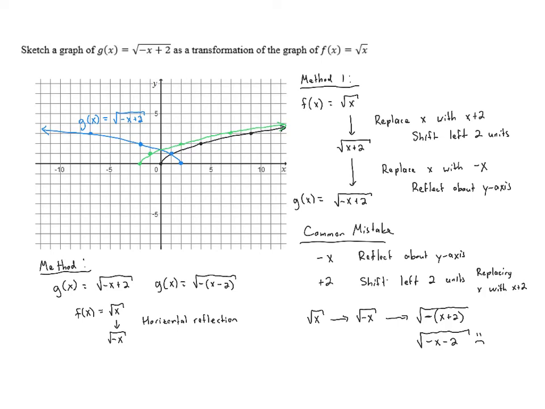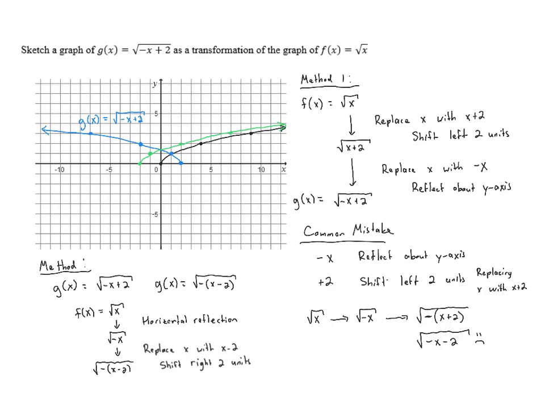And then after we do that, to get from the opposite of x to the opposite of x minus 2, as we have here in this factored version, now we can replace x with x minus 2, not x plus 2. We can replace x with x minus 2, and this corresponds to a shift to the right 2 units, not to the left 2 units.